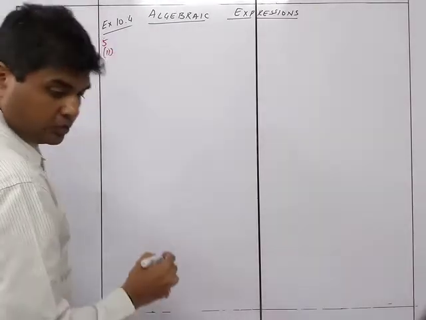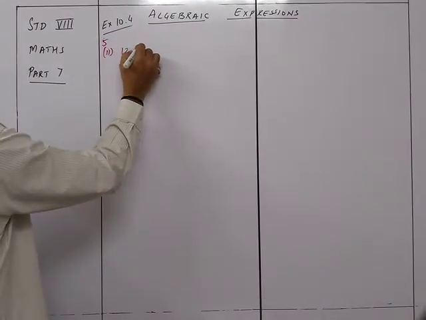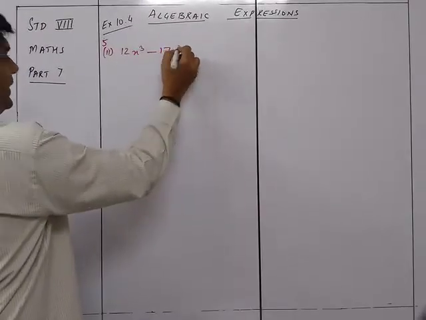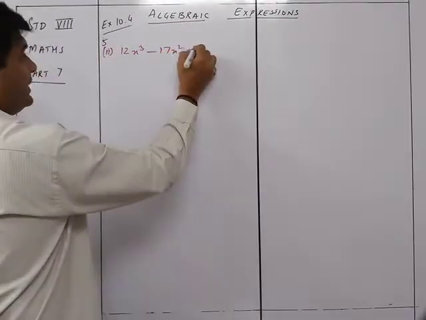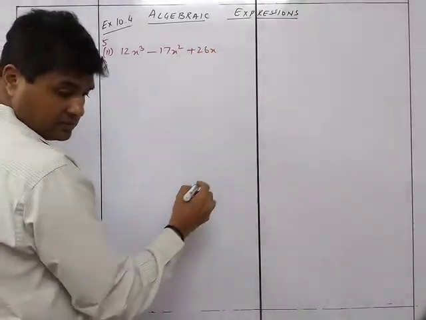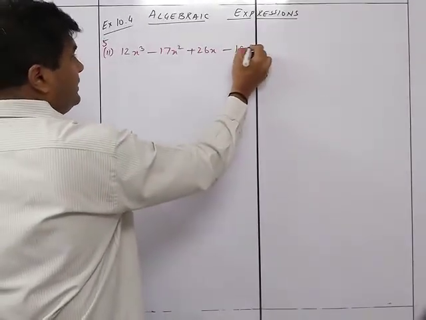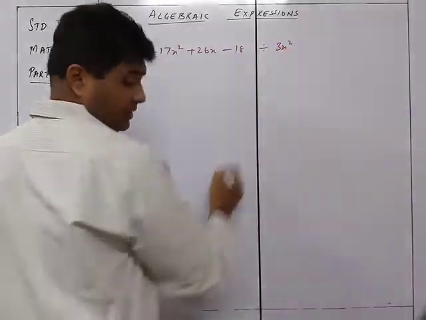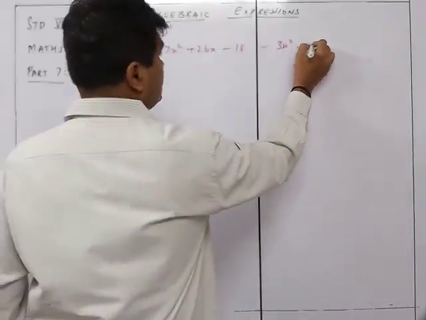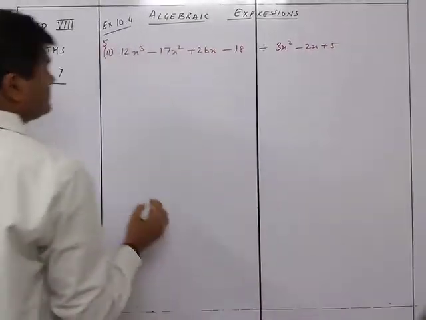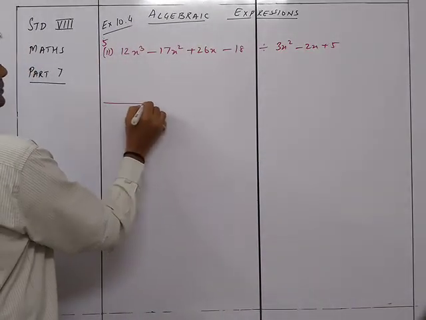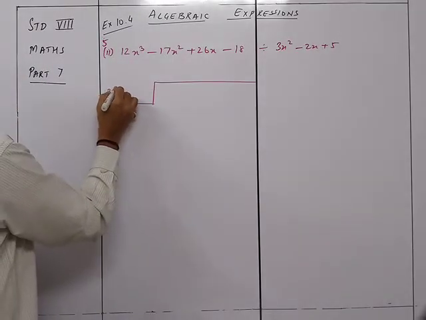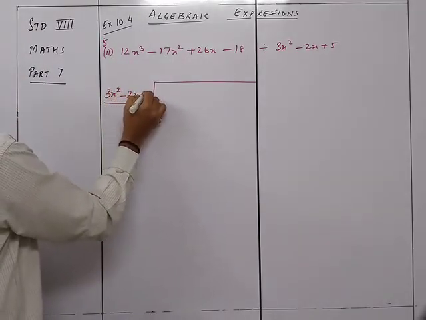You have 12x cube minus 17x square plus 26x minus 18 divided by 3x square minus 2x plus 5.